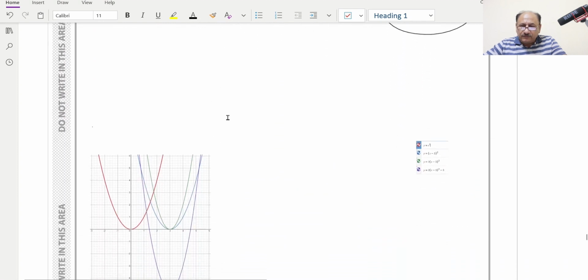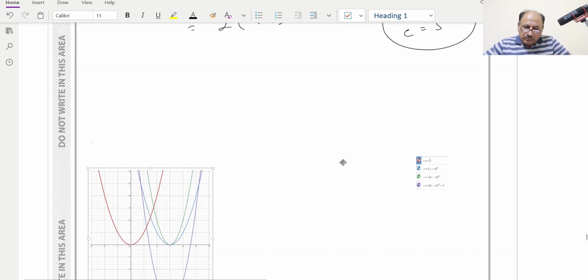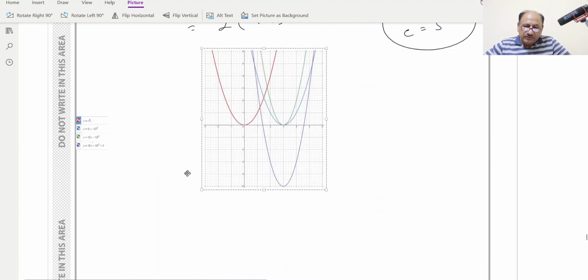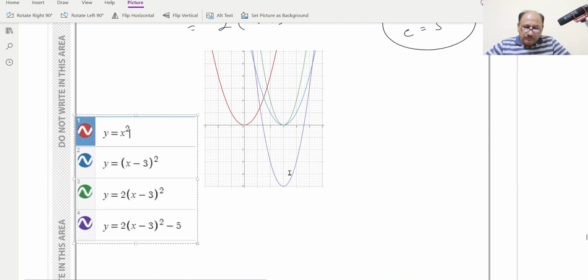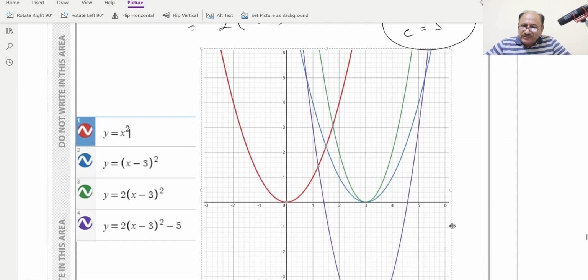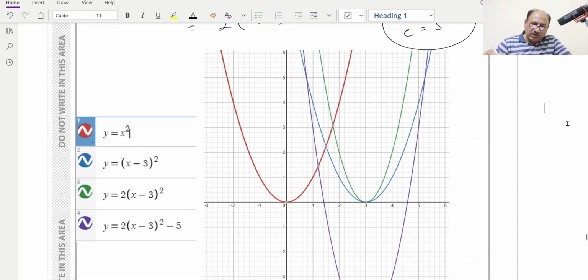For that, we need to understand basically. So I will explain this with the help of this curve. First of all, enlarge this size. So this is the graph which I have plotted for you, and first is x squared.